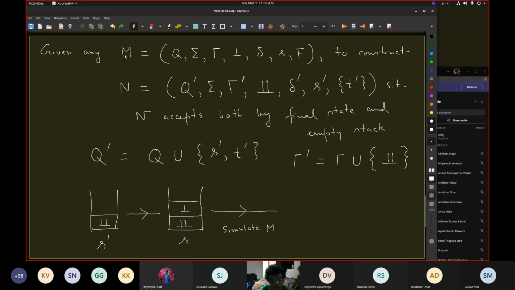So whatever the machine M can do, the machine N can also do, but the only difference is that M does not recognize this new bottom marker. So until this new bottom marker is exposed, this new machine N can perfectly simulate M using these rules in delta. Understand?